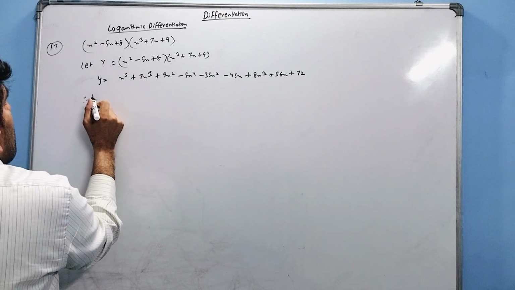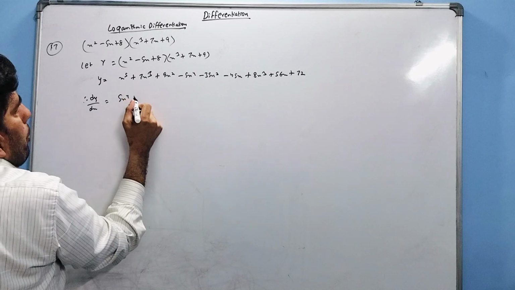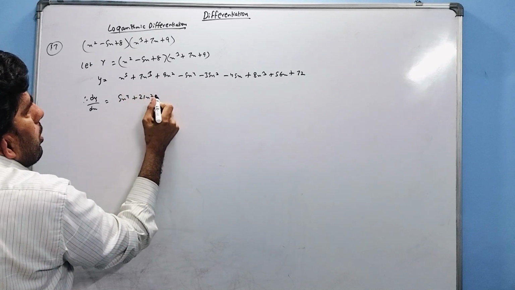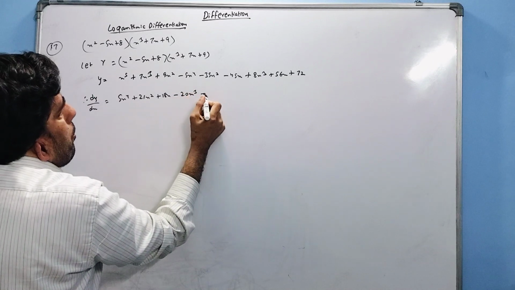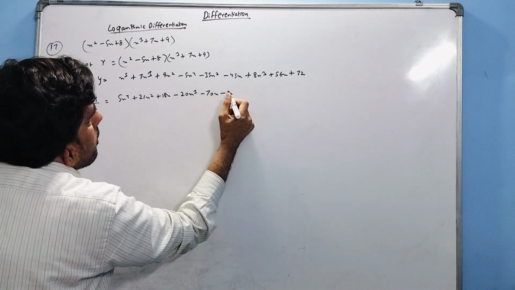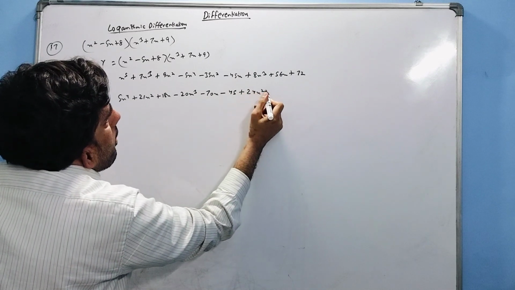Okay, so now therefore dy upon dx will be 5x4 plus 21x square plus 18x minus 20x cube minus 70x minus 45 plus 24x square plus 56.